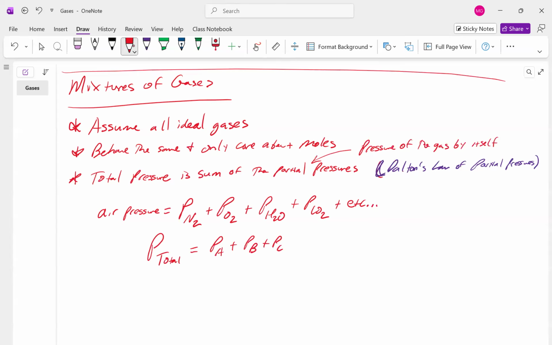And so let's look at a quick example of this. The calculations and the math are pretty simple on this. We have a container that contains oxygen gas and nitrogen gas.